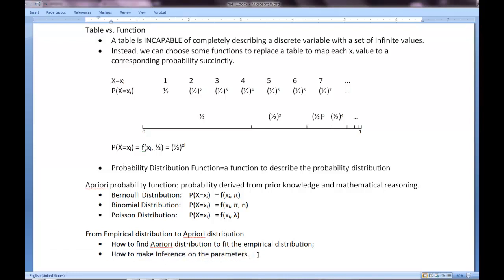And we will talk more about these 2 points in later lectures.